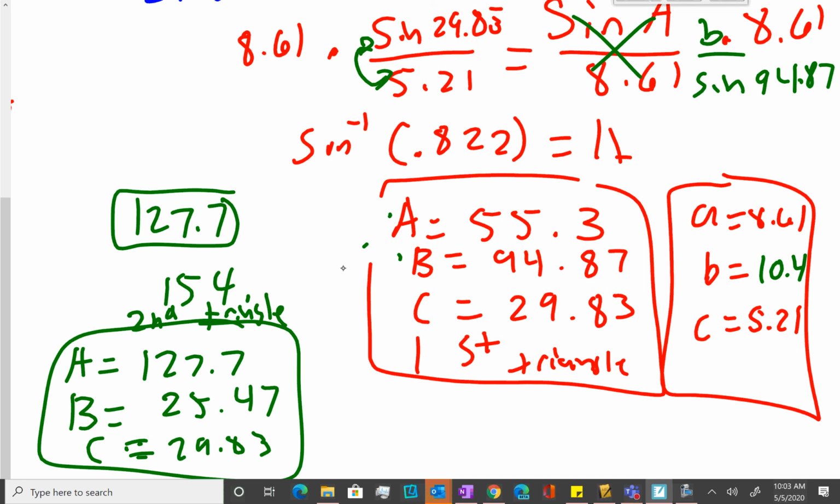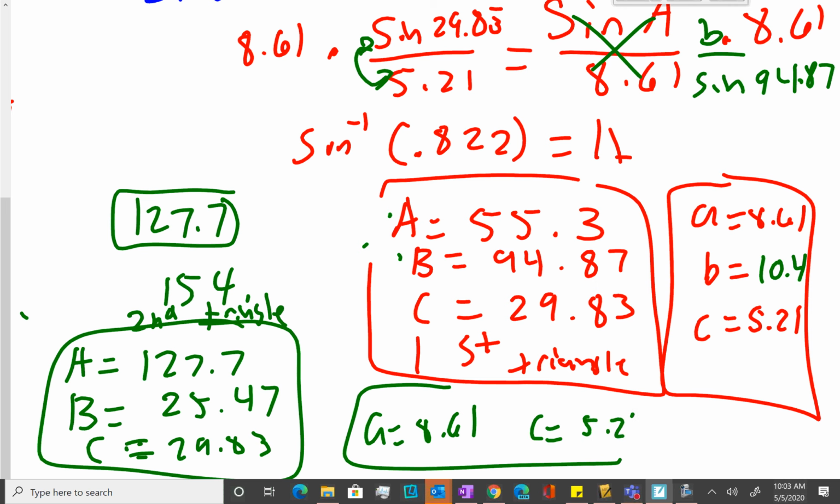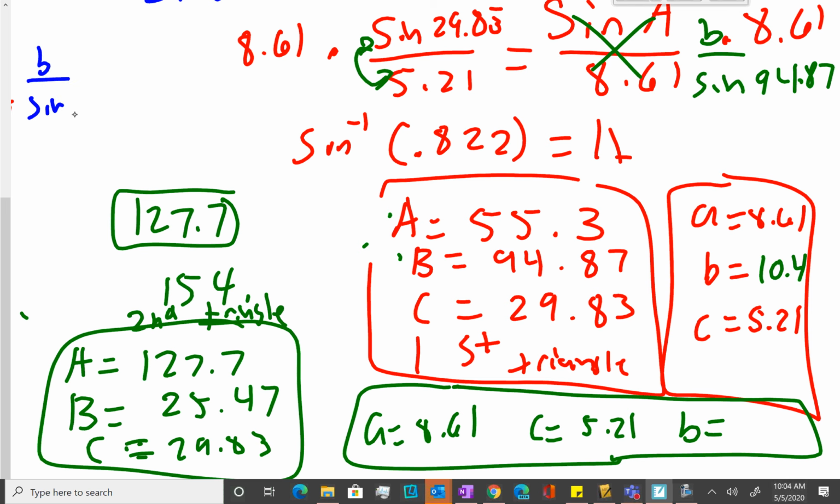Okay, so now I need all the sides of that. Well, here's where it gets a little tricky because I still use my sides that I'm given. So my A was 8.61, so that's fine. And my C is still fine, 5.21. Now here's where my B is different. So I can set up a little bit different problem here. So b over sine of B, because my sine of B is different than in this equation right here.